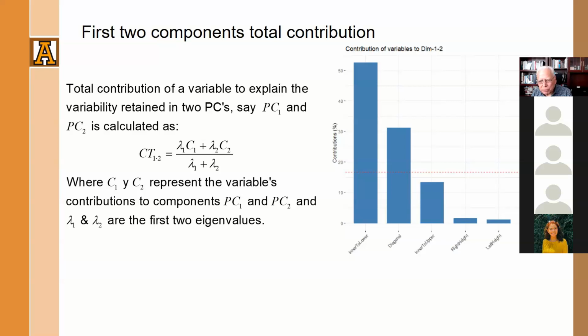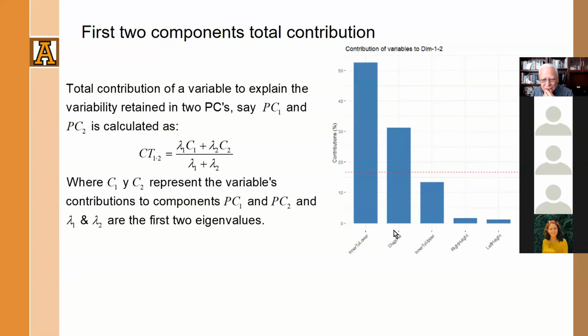That determines we'll stay with 2 components. Now, you can use this chart, and not exactly the red line is the differences. When you look at this big gap here, this is telling you that the contribution of these variables is practically null to the first 2 components. So you can assume that these are not contributing to the first 2 components.